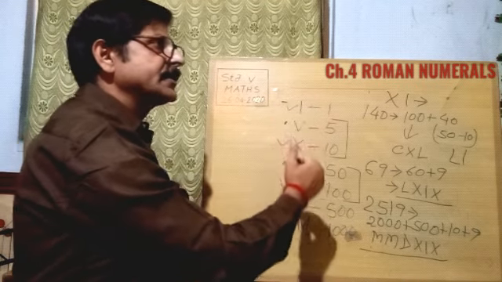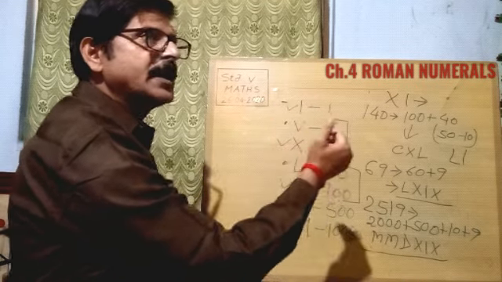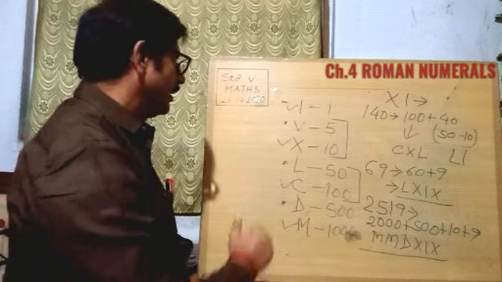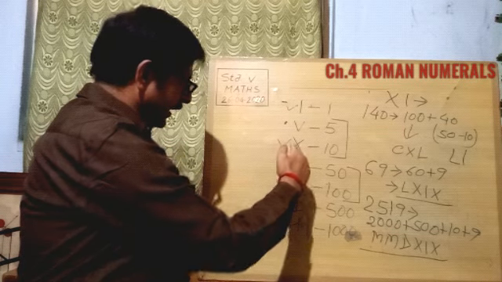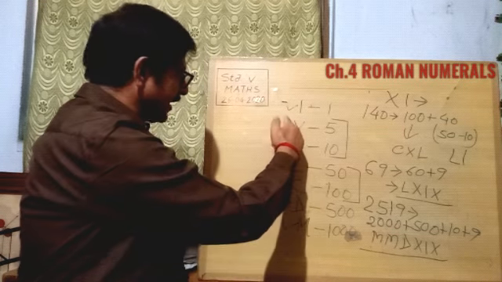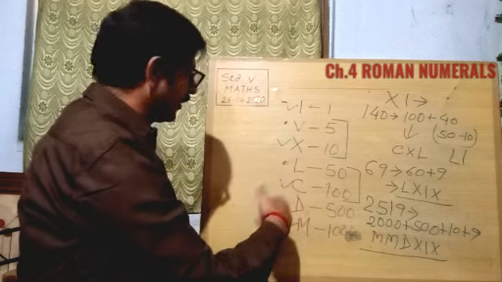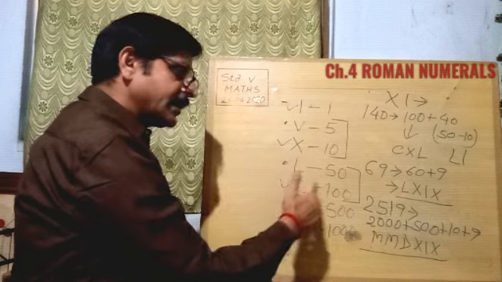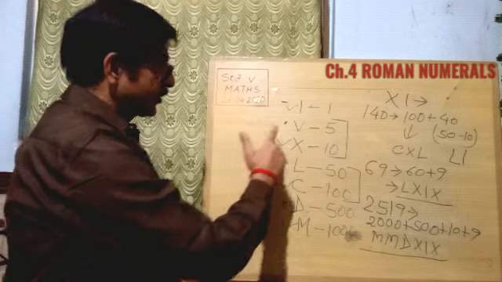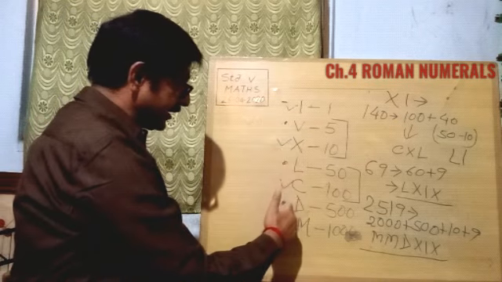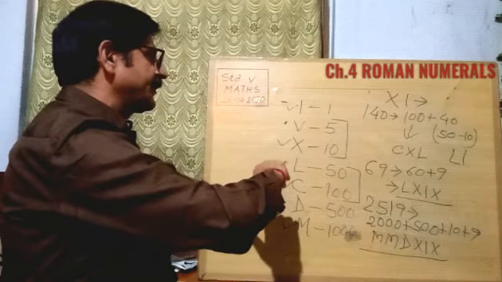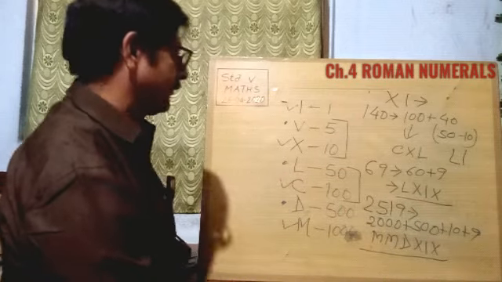The value of the smaller symbol is subtracted from the value of the larger symbol. So I, X, C, and M can be repeated. V, L, D cannot be repeated. And at the same time, V, L, and D cannot be subtracted. So we can say V, L, and D can neither be repeated nor be subtracted from any larger symbol.